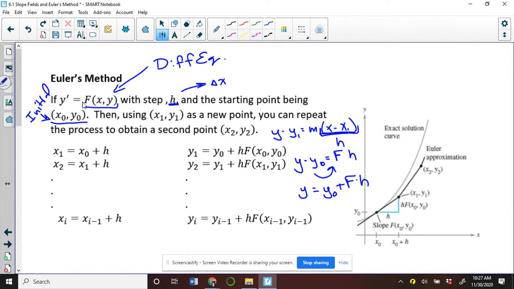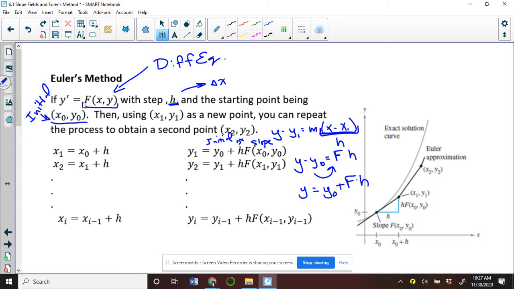So within this, we have our initial plus our step, which is our change in x, times our slope. So it's initial, the change in x, and our slope. And we just continually do that. It's an algorithm, so we'll continually do that each round.